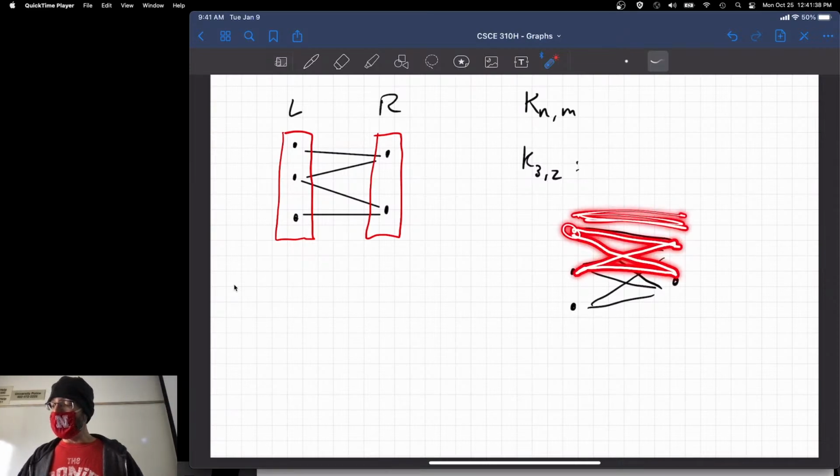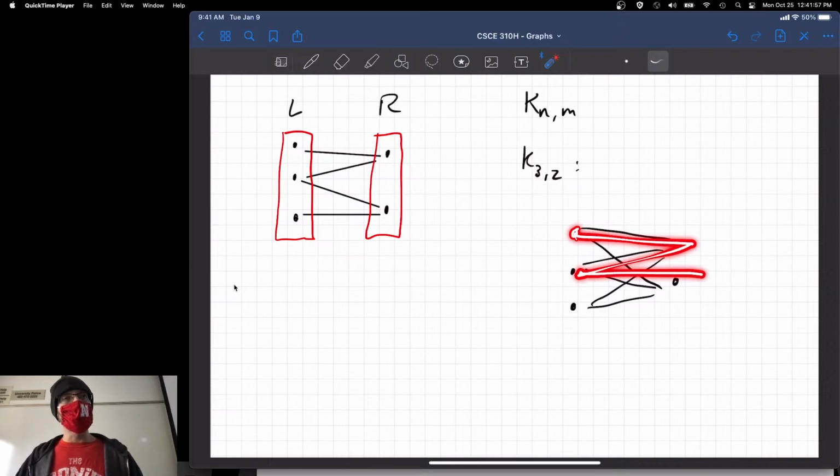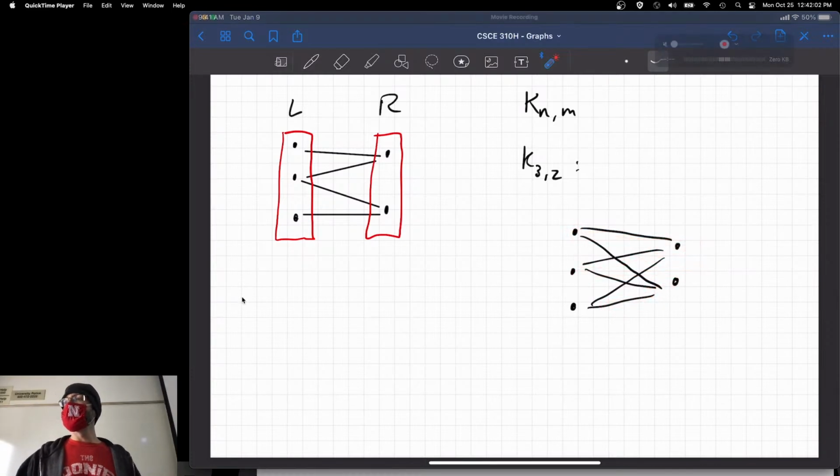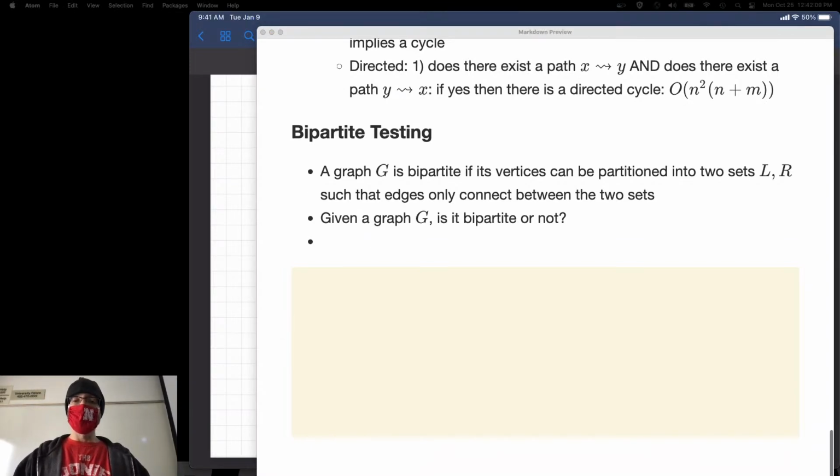So if I have to keep going back and forth, what can you extrapolate as the length of any cycle in a bipartite graph? It's always even. Because if you start on the left, you have to get back there, so you have to go to the right and then come back at some point. So it is a necessary and sufficient condition for a bipartite graph to have no odd cycles. Here's our observation.